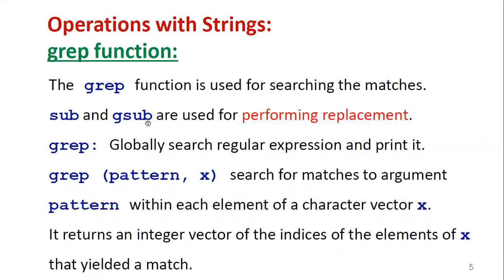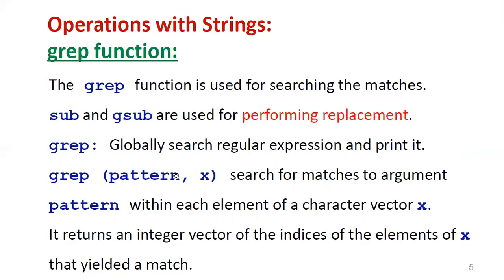So sub and gsub are used for performing replacement. Now what is grep? It stands for globally search a regular expression and print it. So globally, in the entire given string, it searches the regular expression, the pattern to be searched, and displays it.